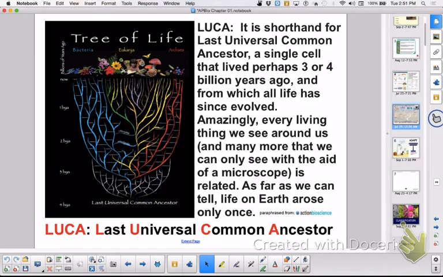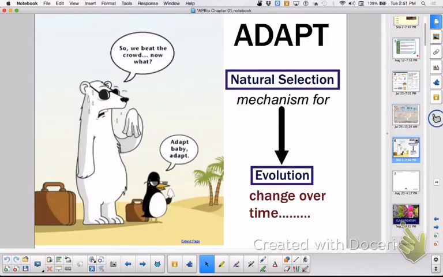The ones that survive and reproduce the best are the ones that are going to continue to reproduce, and that process is called natural selection. That is the mechanism for evolution. It is not the only mechanism, but it is one of the factors that contribute to that.